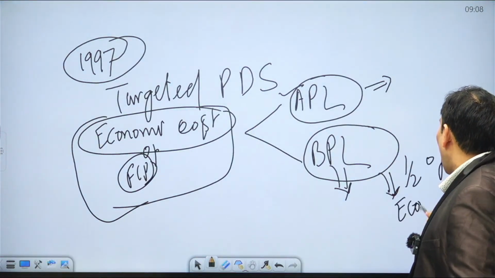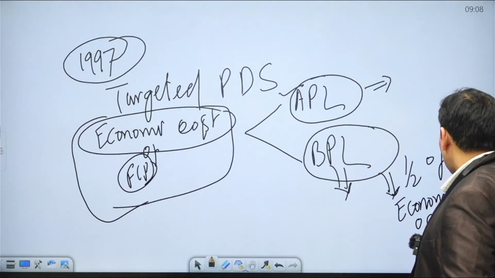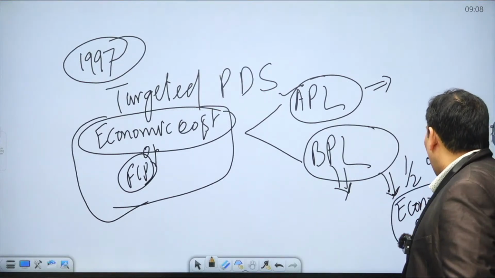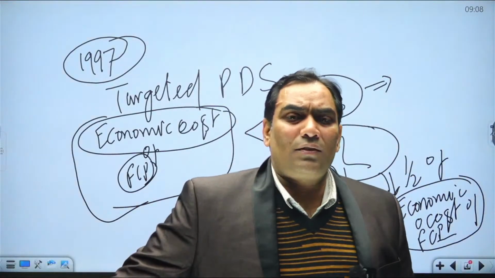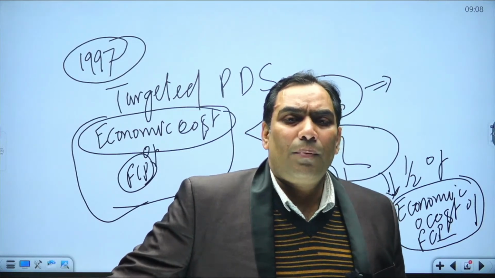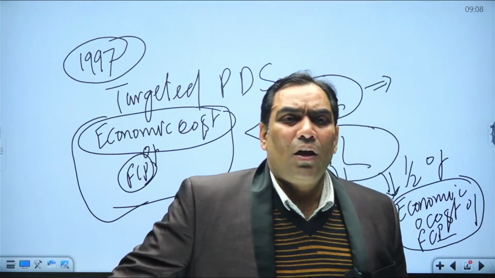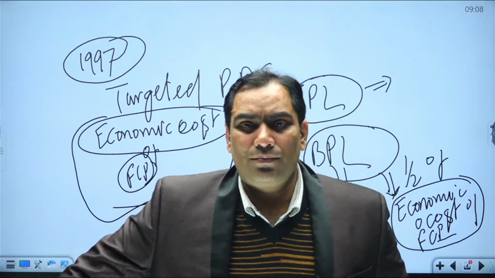Be very clear, half of economic cost, so that we can reduce the subsidy burden, because earlier everyone was getting it at central issue price, at subsidized rate. So that makes it more rational.